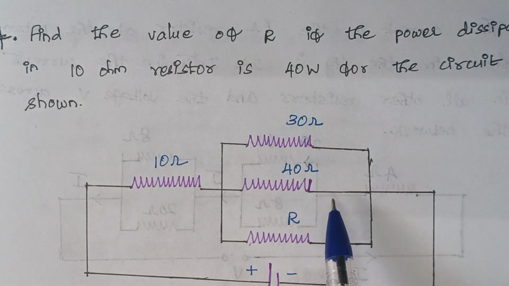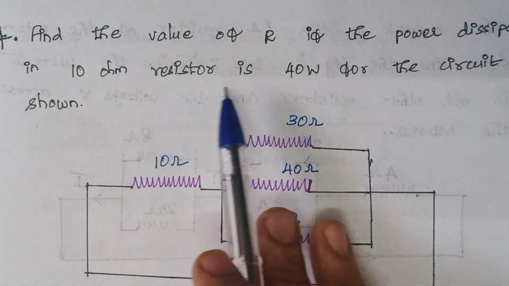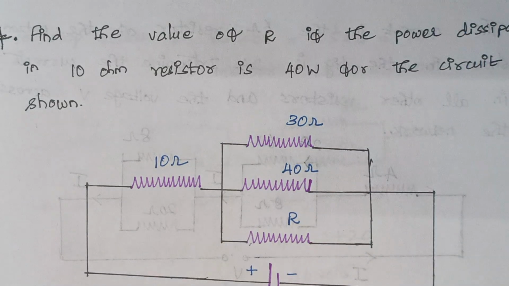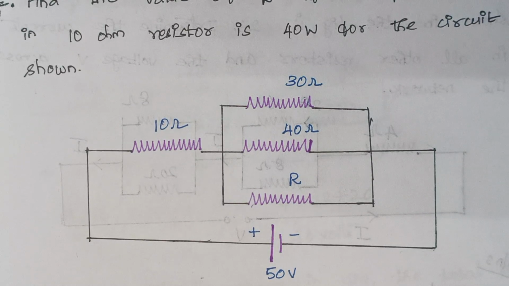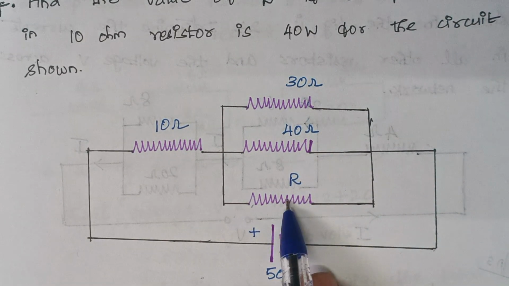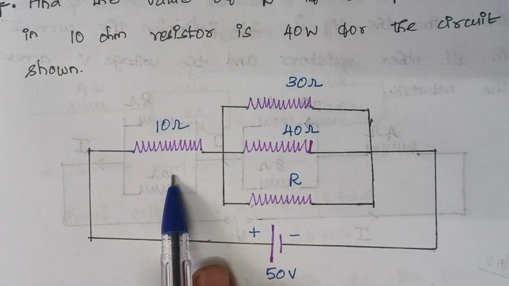So this problem is, find the value of R if the power dissipated in the 10 ohm resistor is 40 watts for the circuit shown, right? So this is the given circuit diagram. We have to calculate the value of R, and the only given data is the power dissipated in the 10 ohm resistor is 40 watts.